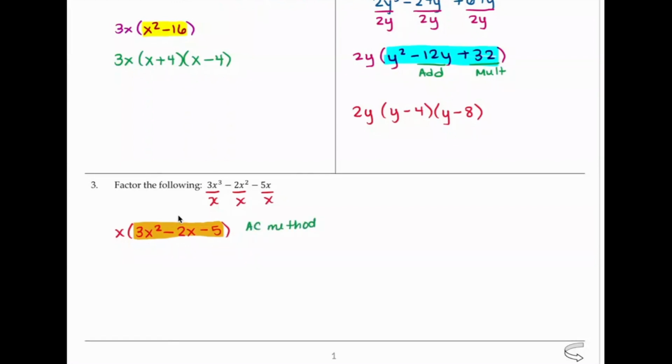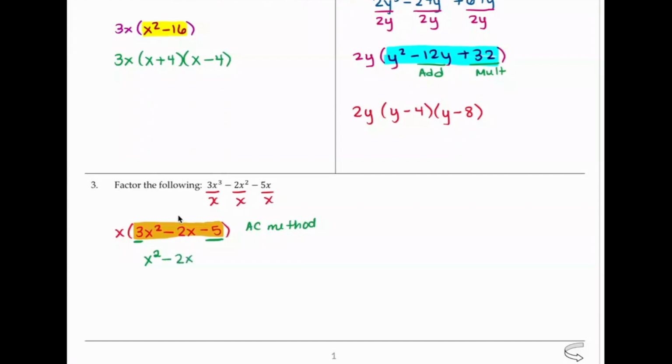Now, you can use the AC method in terms of grouping. I am going to show you a different way of applying the AC method that you may have not seen in the past. So I am going to start off by multiplying the A term with the C term. But instead of writing 3x squared in the bottom piece, I am just going to write x squared.